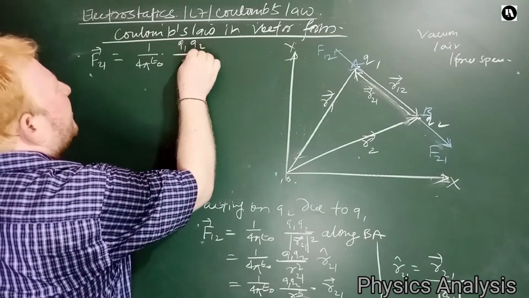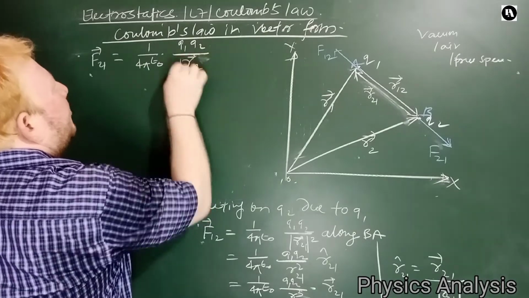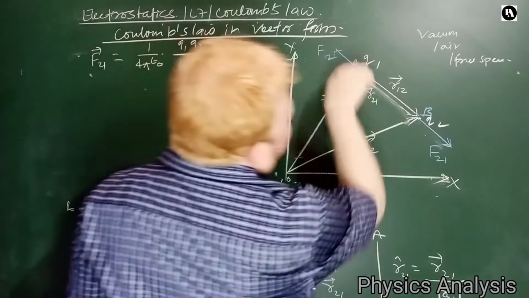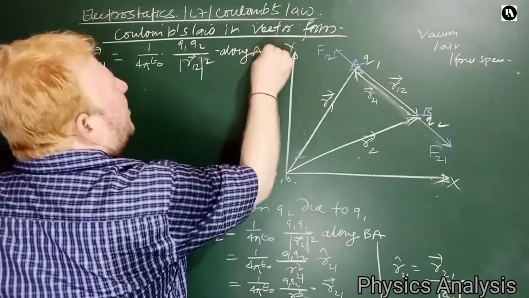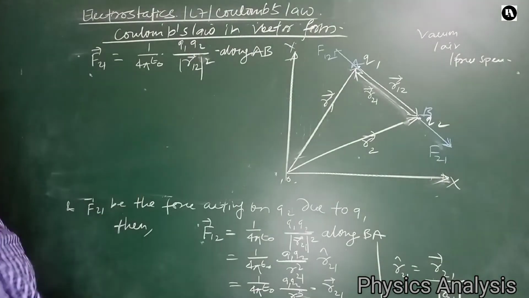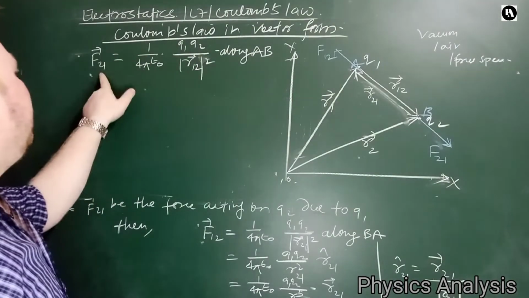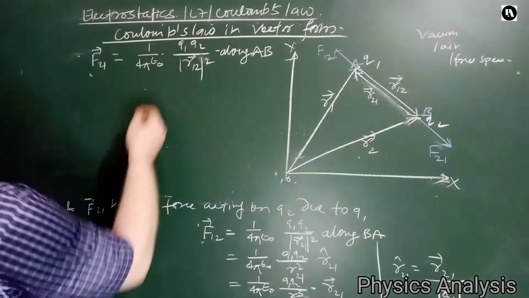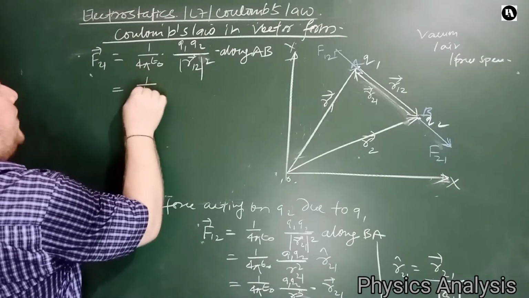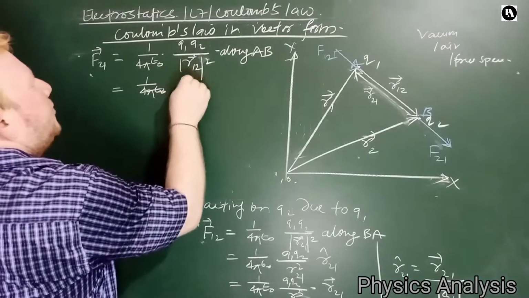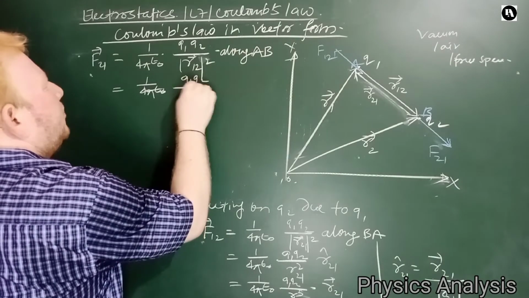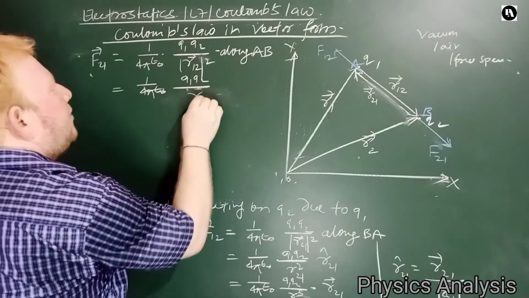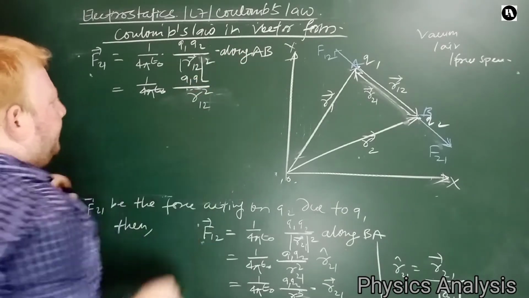So R12 I will write, is of course along AB. This is the vector form showing magnitude as well as direction. You can simplify more. 1 by 4 pi epsilon naught into Q1 into Q2 by R12 mod square, I will write only R12 square.